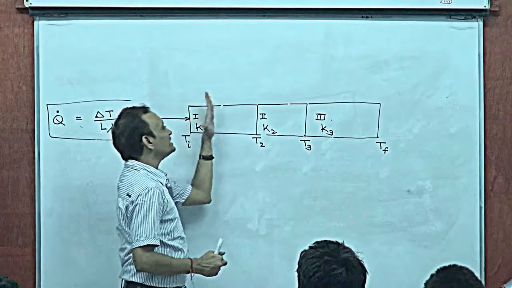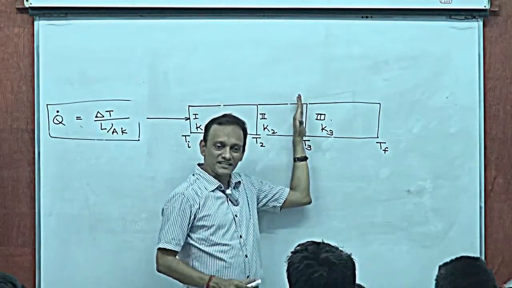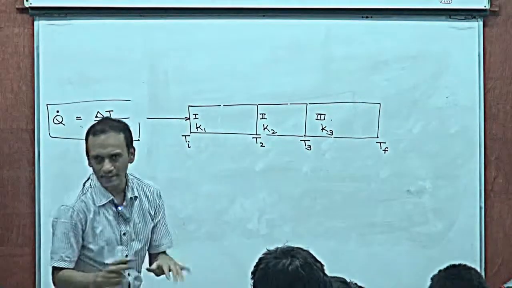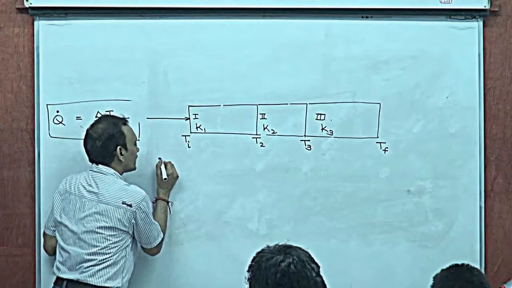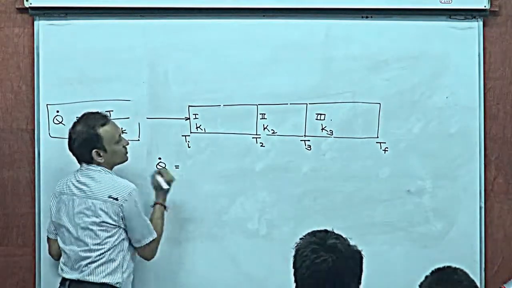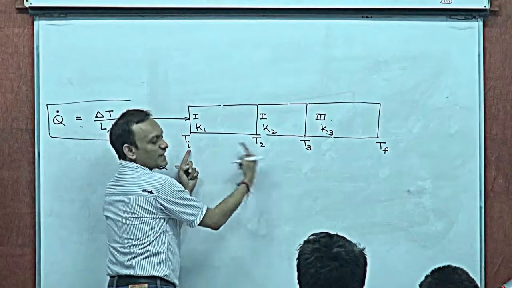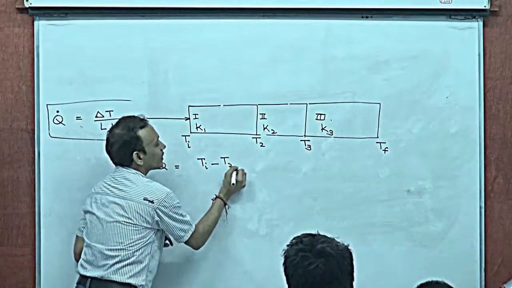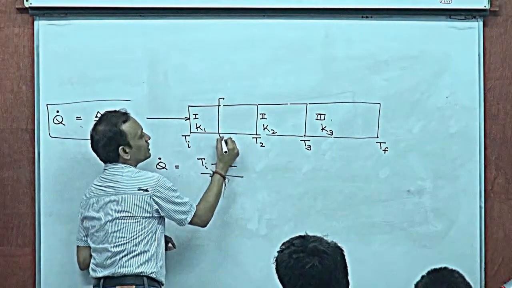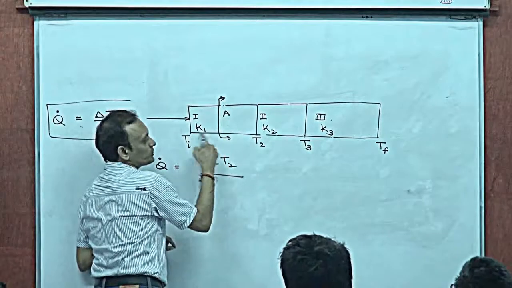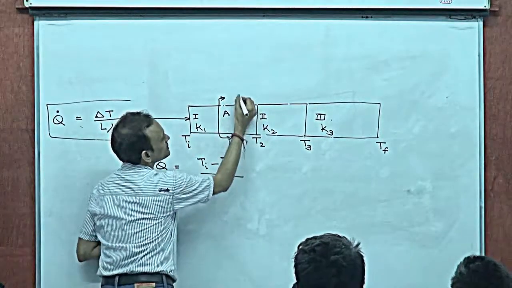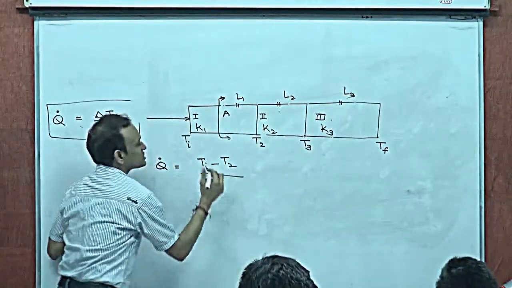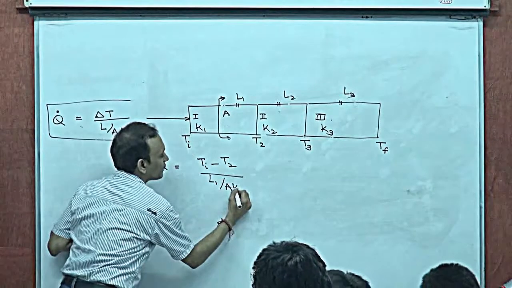Then realize that the heat current in this slab will be the same as the heat current in this slab, which will be the same as in the third. That means Q dot is the same for all the slabs, right? For this one, the potential difference is Ti minus T2. If A was the area of cross section, and this was L1, L2 and L3, then the thermal resistance of this is L1 by AK1.